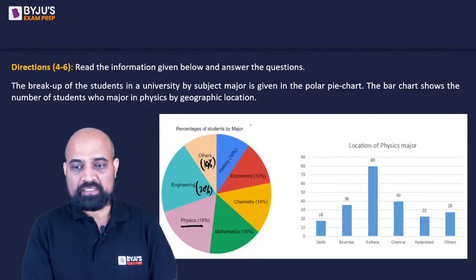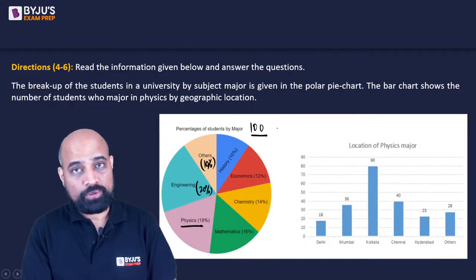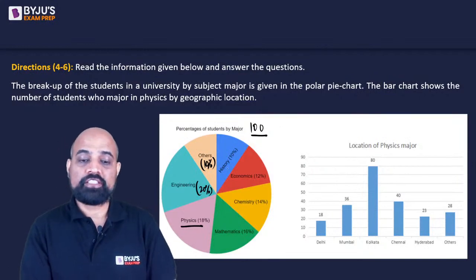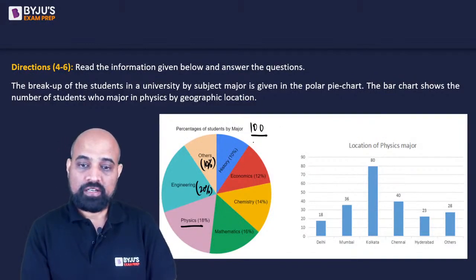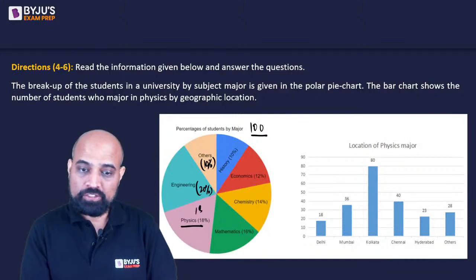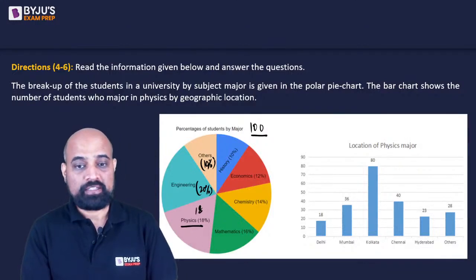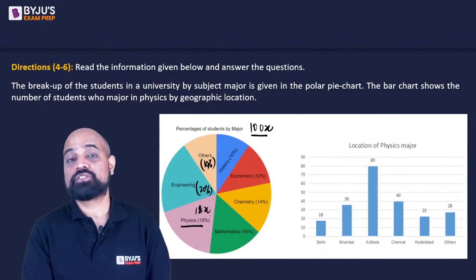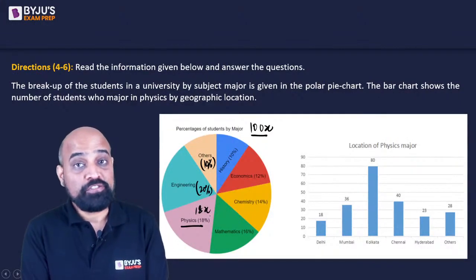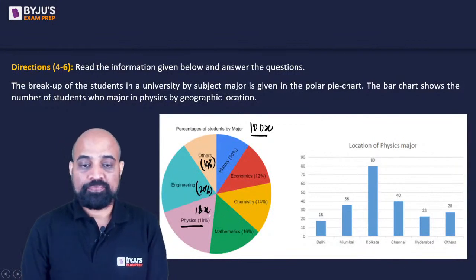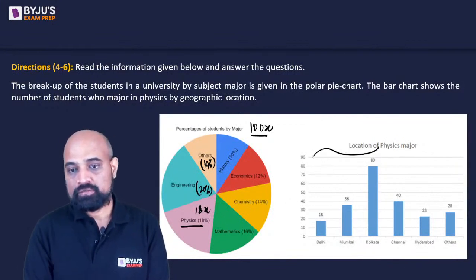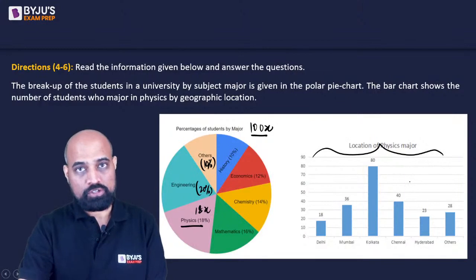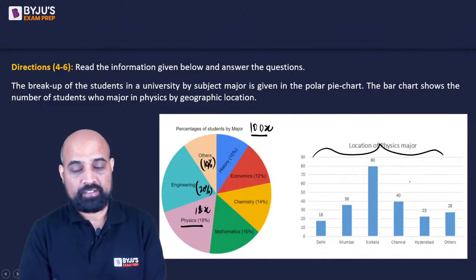So what it means is, suppose if we have a total of 100 students, so 100 students may say, there are 80 students who do physics and then they major in physics. So if there are 100x students, so that means 18x students are there who does major in physics. Now, these 18x students should also come from the same bar graph, right?